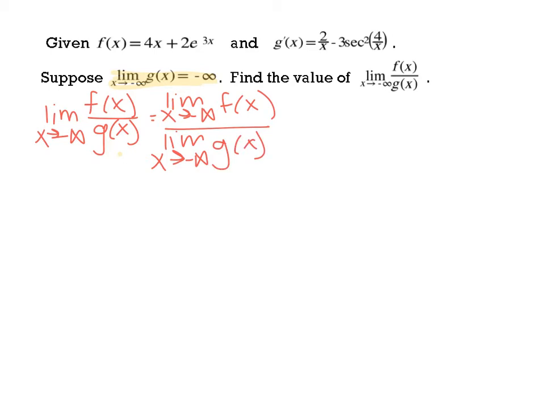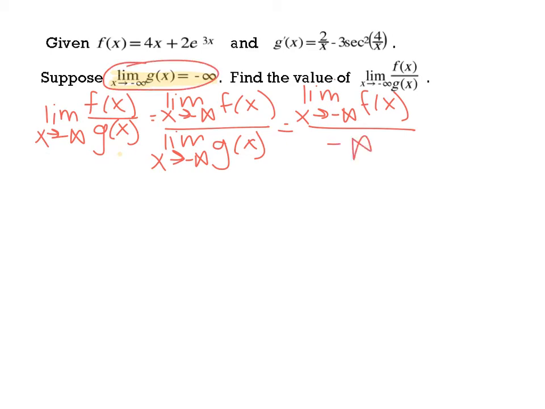That was a property we learned from chapter 1 way back at the beginning of the year. We don't know yet what the limit of f of x is, but they gave us the limit as x goes to negative infinity of g of x, which is negative infinity.